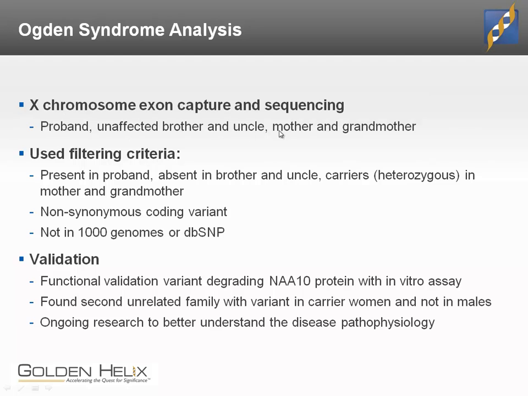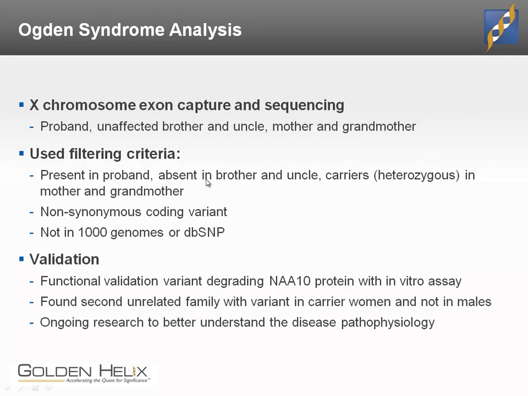And the samples that were chosen made for a very solid study design: the proband itself, an unaffected brother and uncle, closely related individuals, and the mother and grandmother. We'll see why that's important, because what they did was make sure that, following the inheritance pattern expected by the hypothesis that this is a highly penetrant rare polymorphism or variant present in the proband, that variant would also be in a heterozygous state in the mother and grandmother, who would be carriers.